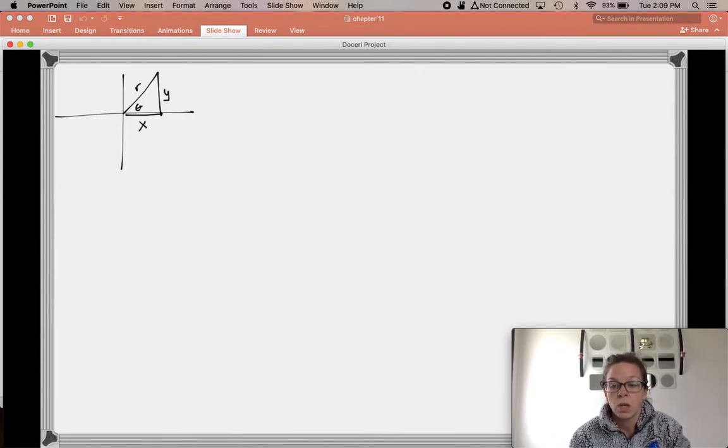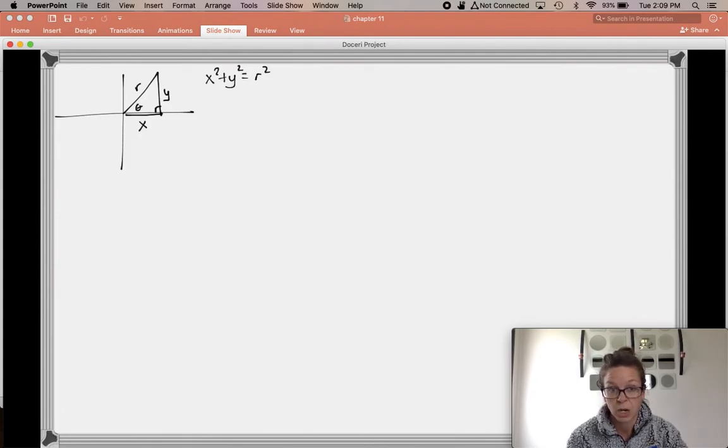So there were 4 equations that tell us about how polar and Cartesian, or xy, coordinates relate to each other. And they all come from the fact that we just made a right triangle. So the first right triangle equation that might come to mind is the Pythagorean theorem. x squared plus y squared equals r squared. So that's an equation that relates x and y with r.